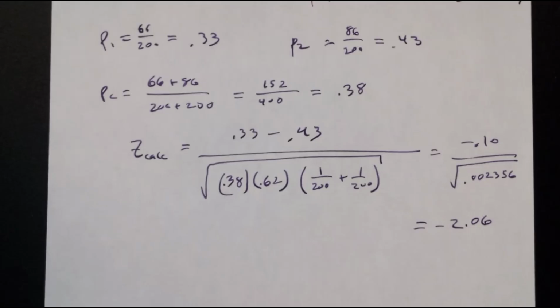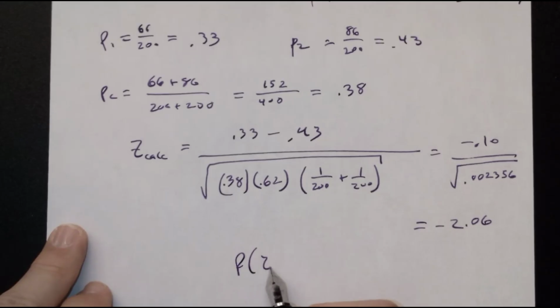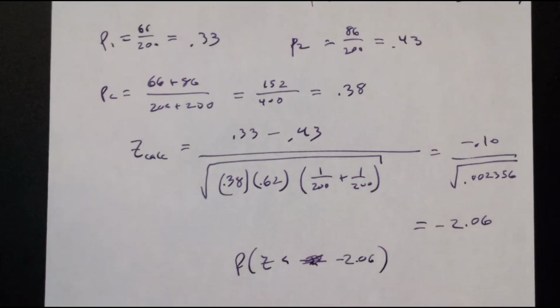If you want the p-value, you're going to find the probability that z is less than negative 2.06. And 2.06 is on my chart here.